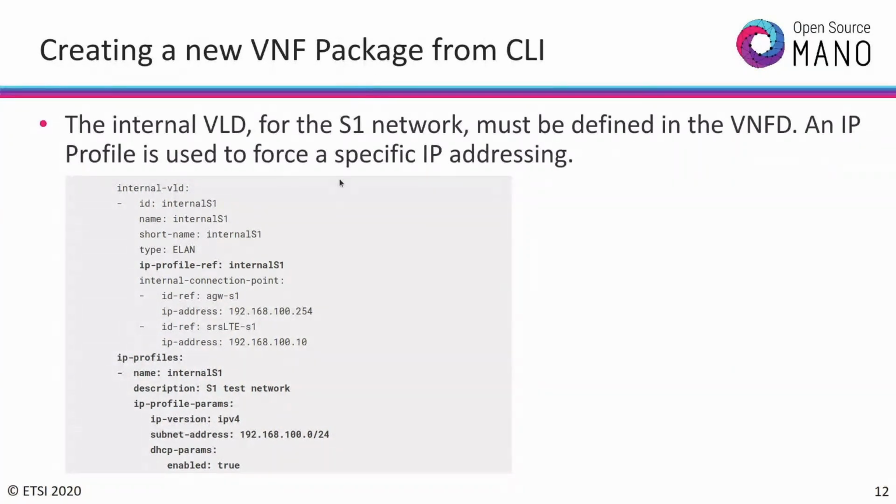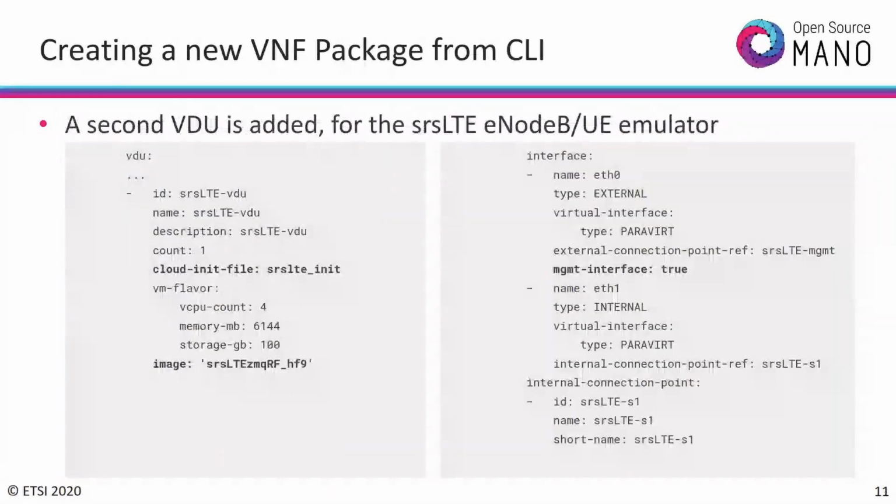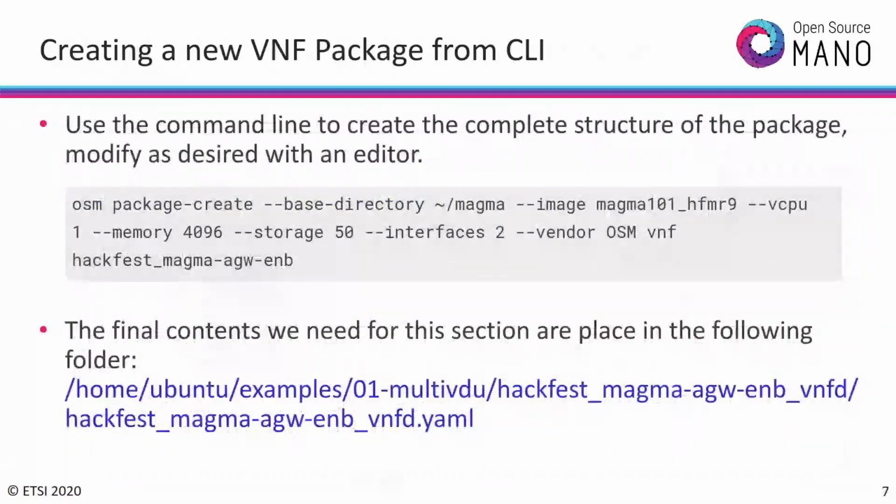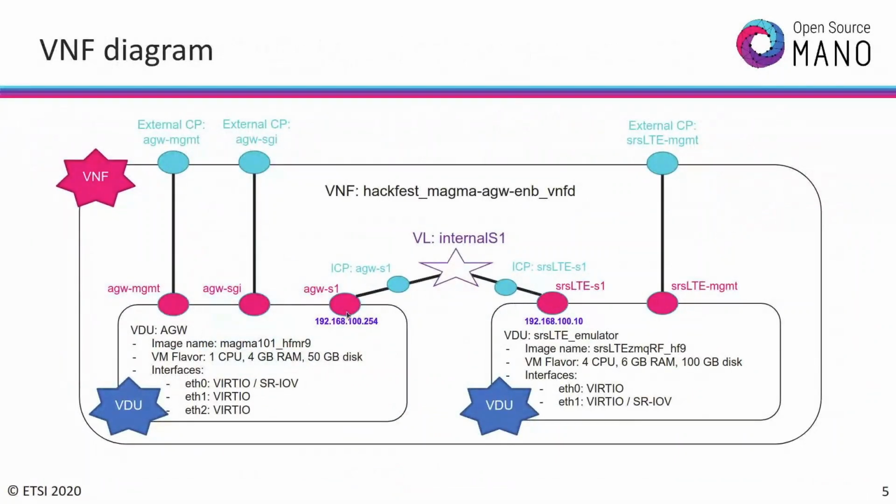Okay, so maybe the most difficult part to learn is the one referred to the internal VLD, but it's just a way of modeling this connection here, okay? As opposed to external connection points. In the internal connection points, we have everything defined at the VNFD, because it's a thing that belongs to a VNF.